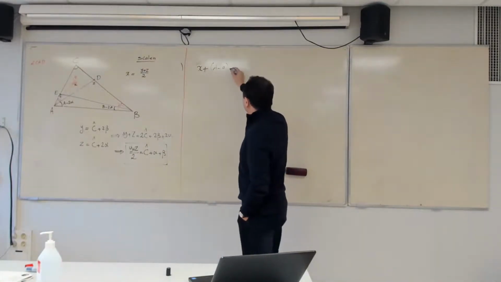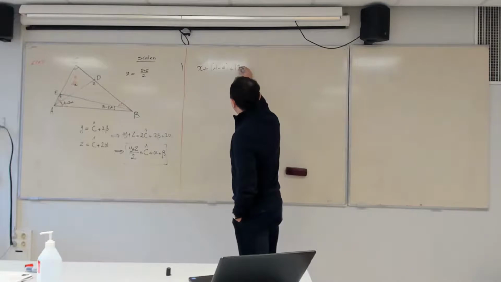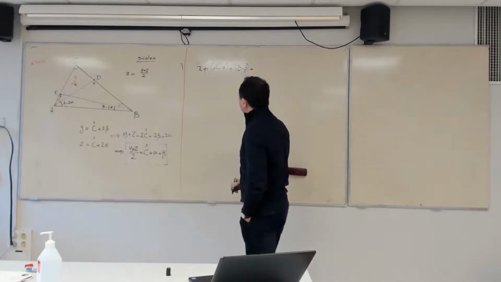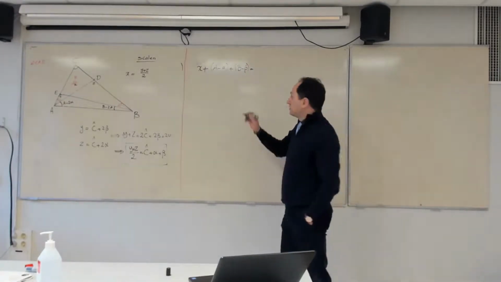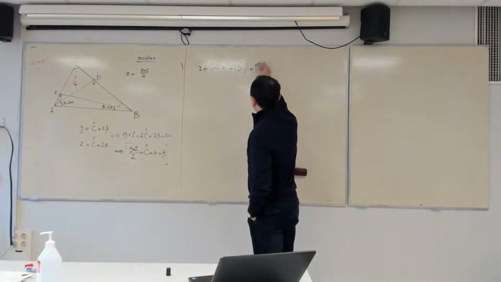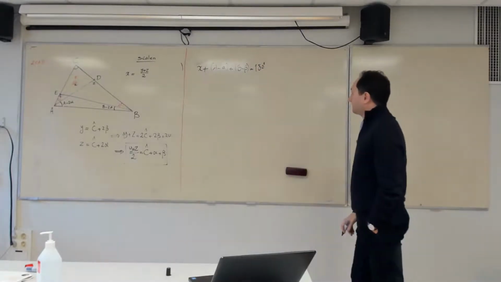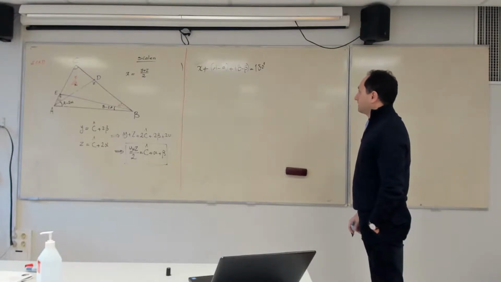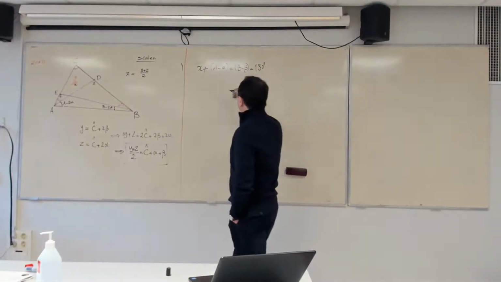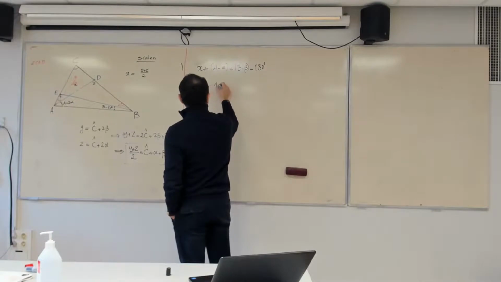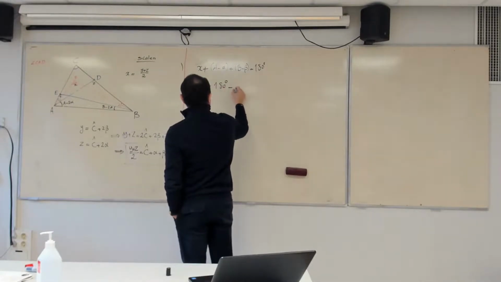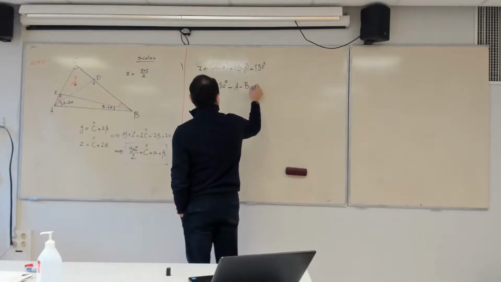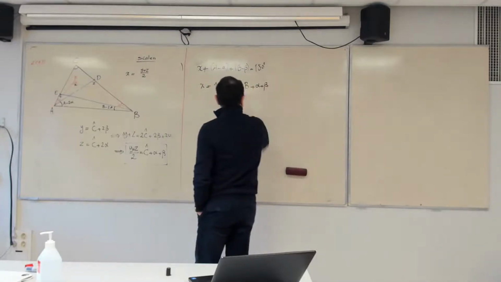And then the next one is B minus 1 beta. Is how much? 180. And let me move everything to the right-hand side. So x becomes 180 minus A minus B plus alpha plus beta.